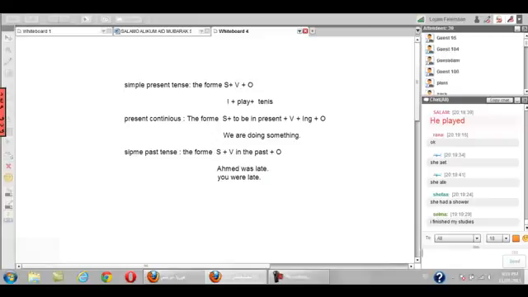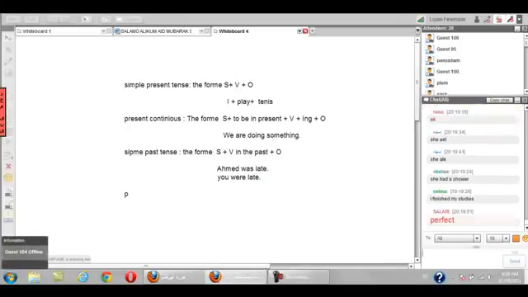Okay, how can we compare past and present? It's really simple. Past is something that happened in the past, and we have some words that indicate that it happened in the past. Present is the use of something to describe factual events, scientific results, repeated actions, and so on. He played, yes.